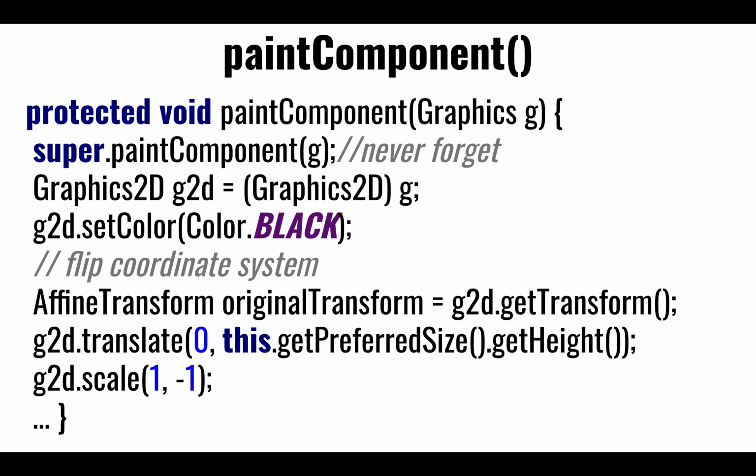Another method that we inherit from JPanel is paintComponent. As the component is added to the screen and as the screen is rendered in a window, each component is invoked with this function, paintComponent, and then each component knows what to paint.